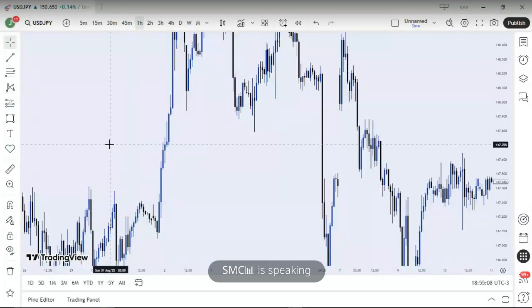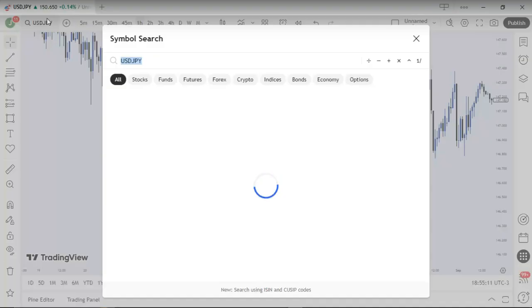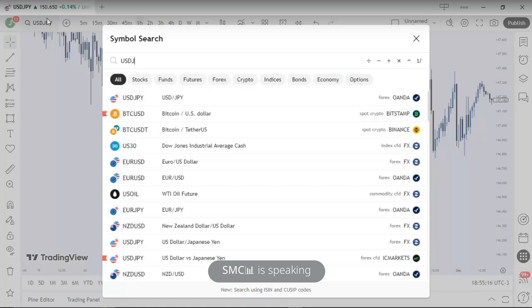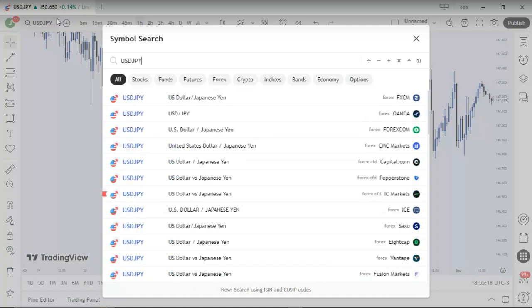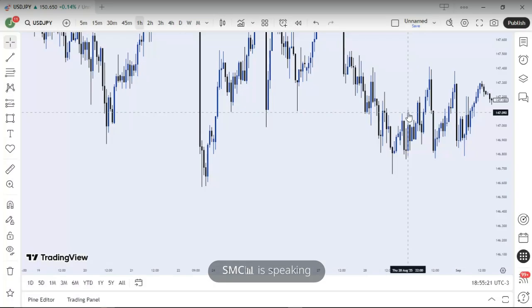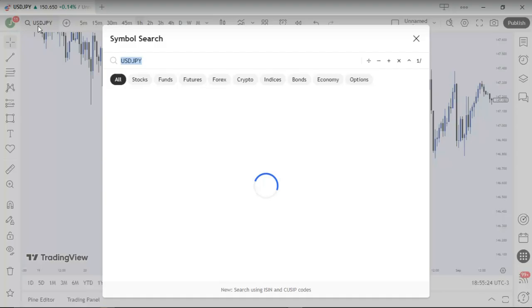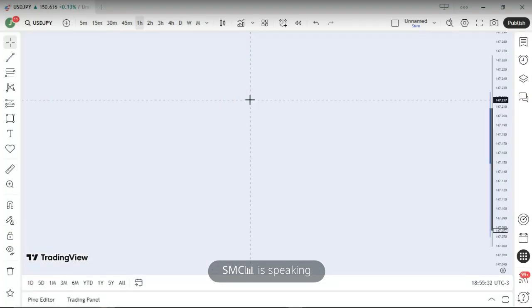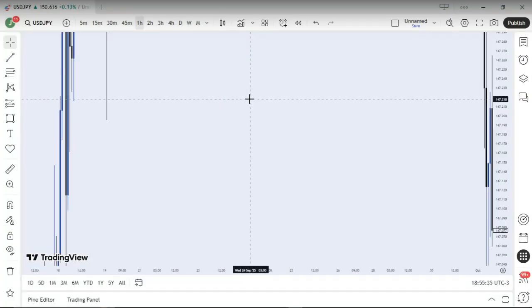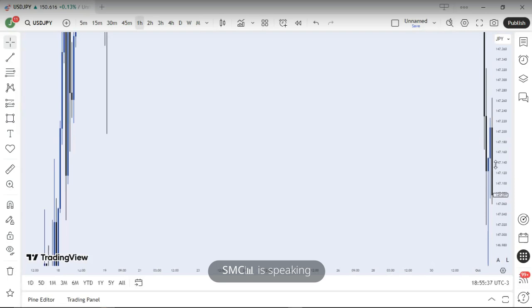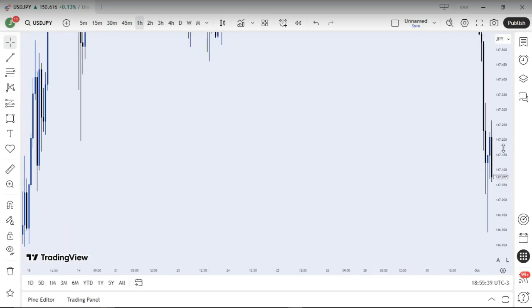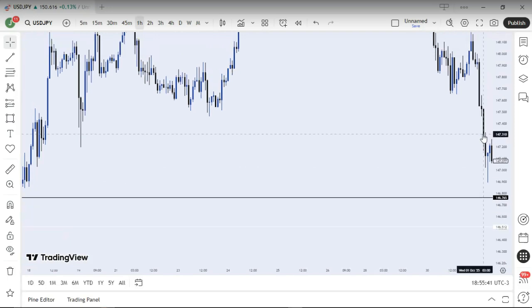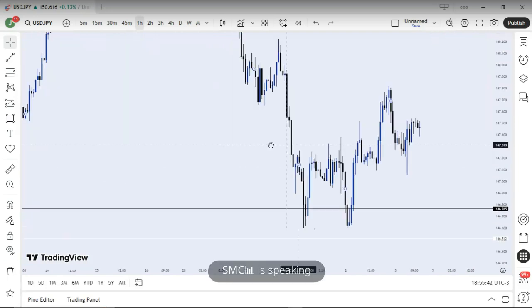Very tough. USDJPY, USDJPY. I don't have a trade.